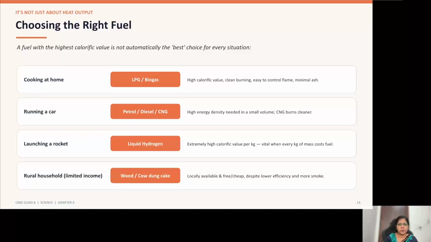This row is important for empathy and real world awareness. Cost and local availability can outweigh efficiency for many households. Even though this comes at the cost of more smoke exposure and indoor air pollution, they may choose to use wood or cow dung cakes.